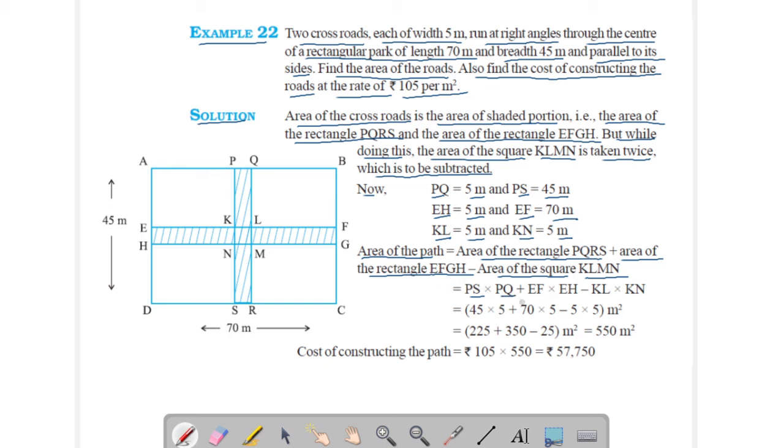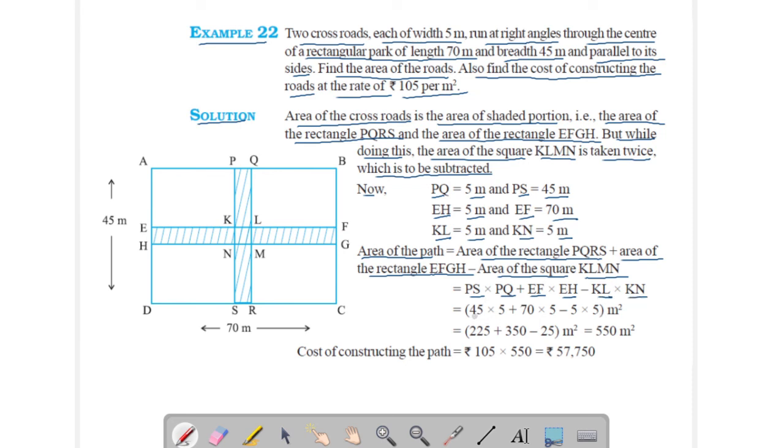It is length into breadth. What is length? It is EF and breadth, it is EH, minus area of square KLMN. Here, what is the area of square KLMN? It is side square. And what is side? KL into KN.